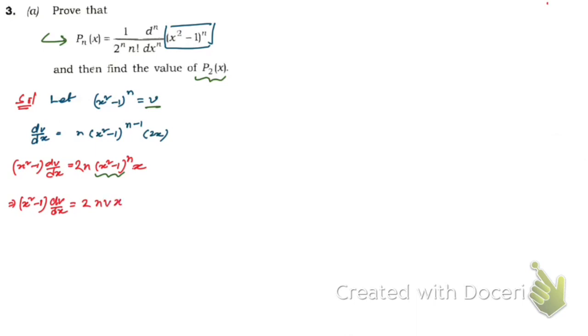This, let me take this one as equation number 1 and this as equation number 2. Now, if you differentiate equation number 2, n plus 1 times, using Leibniz's theorem, or rule, you can say Leibniz's rule.